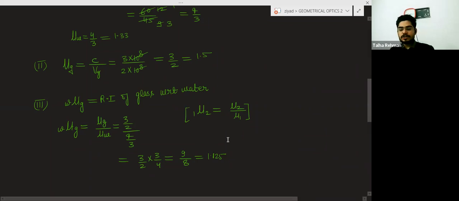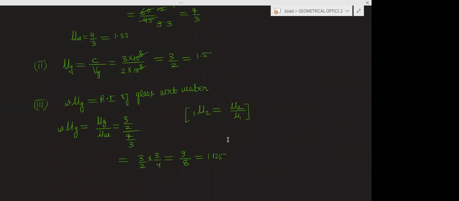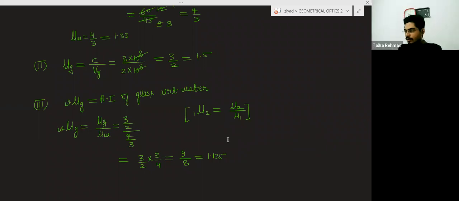Okay. So we have discussed the laws of reflection. There are two laws of reflection. During reflection, the incident angle is equal to the reflected angle, means the angle of incidence is equal to the angle of reflection. It does not matter which you call first or second.